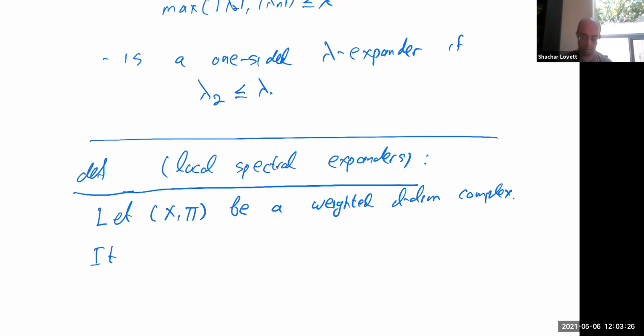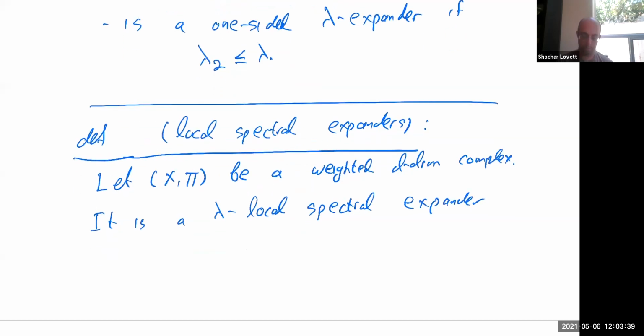I'm going to say that it is a lambda local spectral expander if for every k between 0 and d minus 2 and every k-dimensional face tau, we look on the link of tau.